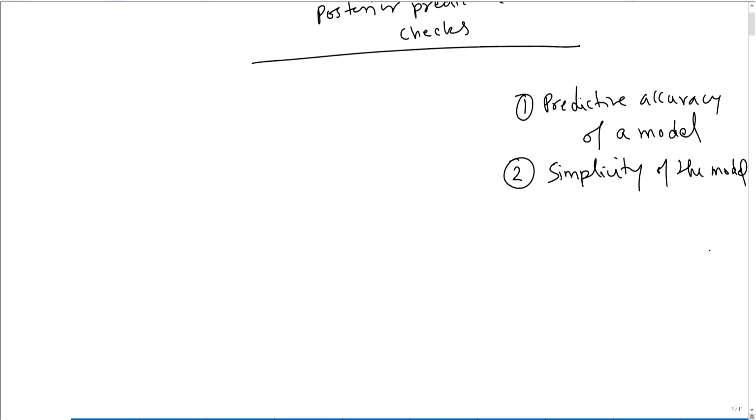Okay. What approach do we use to evaluate the fit of a model, that is, to evaluate the predictive accuracy of a model? So, how do we compute predictive accuracy of a model? What approach can we take in this direction?